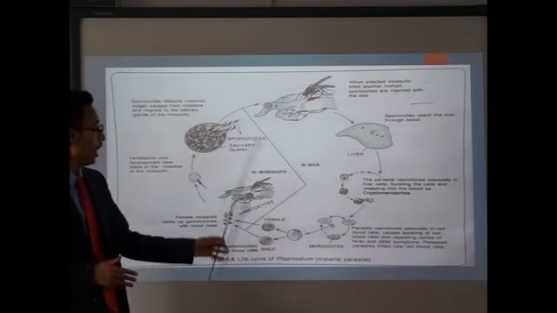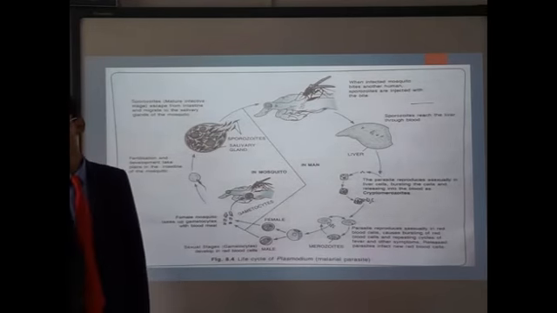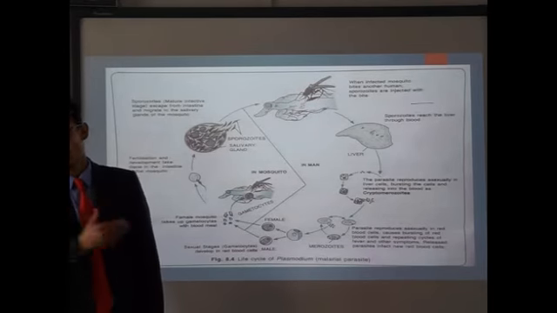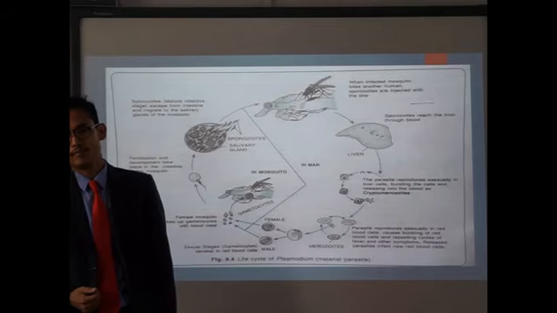So over here, remember, the asexual phase will be completed in the body of the human being, and the sexual phase will be completed in the body of the primary host, the mosquito. Clear?